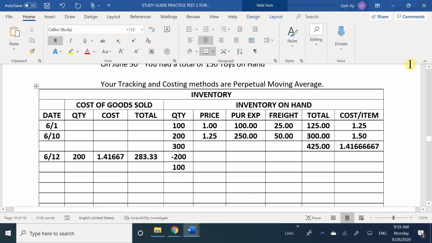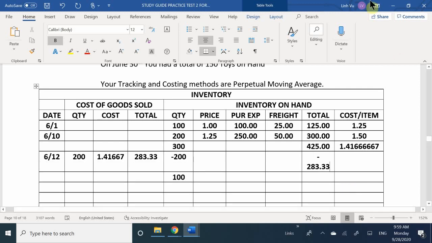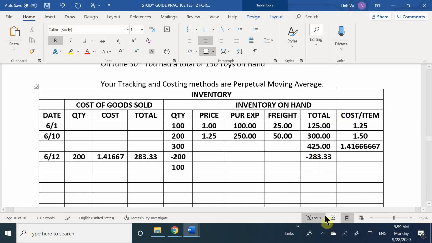So that means I need to take the exact amount out. So I need to subtract the 283.33, and then what should be my new total? What is my new total? 141.67.